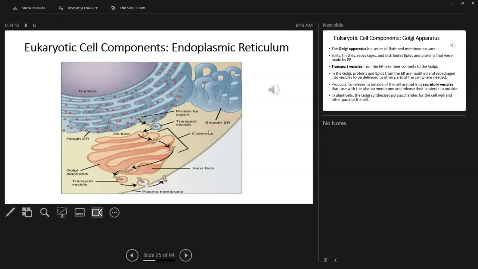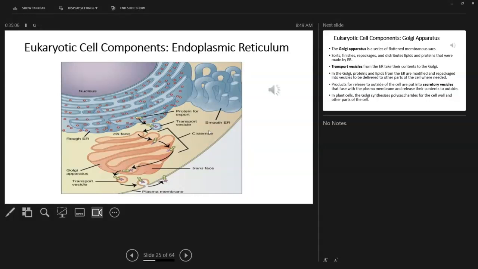And ribosomes are for making proteins. So the rough ER makes proteins. So these ribosomes, they make proteins, and then the protein molecules end up inside these flattened sacs or tubes.